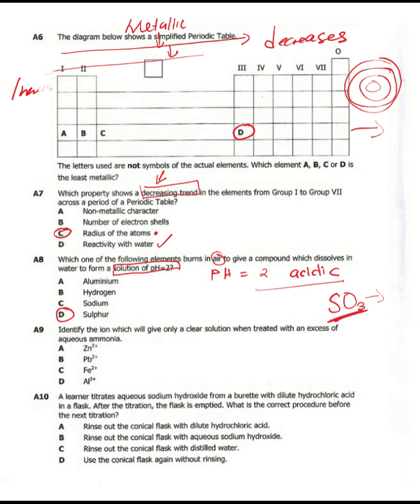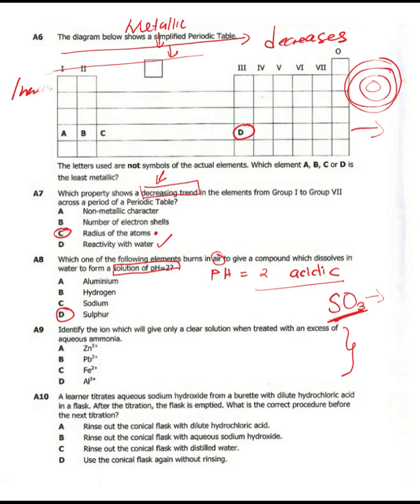Question 9. Identify the ion which will give only a clear solution when treated with excess of aqueous ammonia. Now, you need to know about qualitative analysis. If you are not okay with qualitative analysis, you need to get that chart for qualitative analysis.